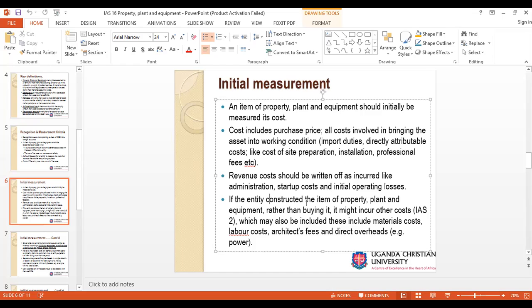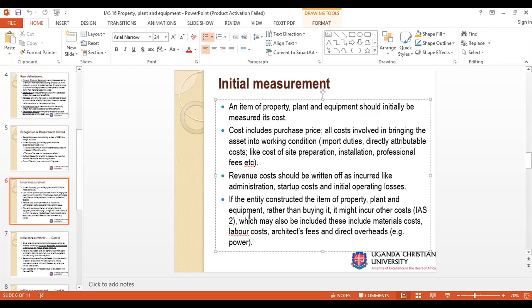If the entity constructed an item of property, plant, and equipment rather than buying it, then it might incur other costs, according to IAS 2, which may also be included. These are material costs, labor costs, architect fees, and direct overheads. So if instead of purchasing the item, you make or manufacture it, the cost will be the production cost, the cost of manufacturing.